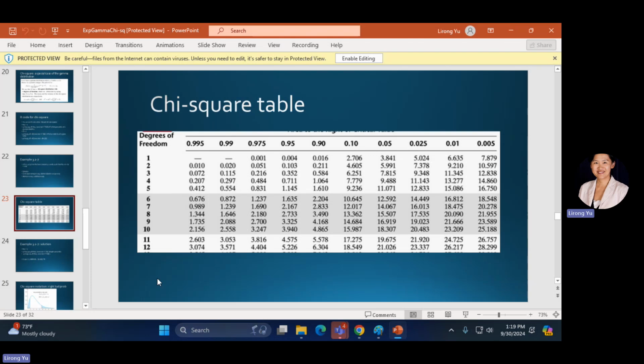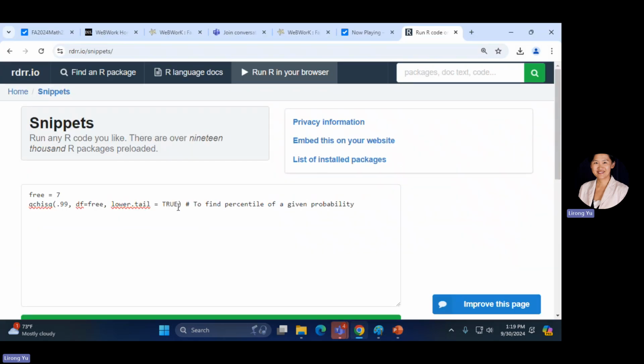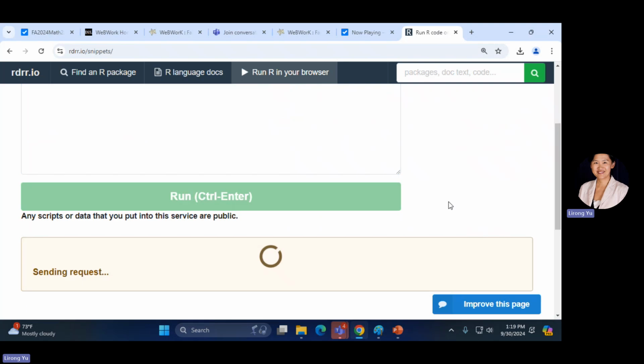In most chi-square tables, the percentage given is the right tail percentage, which weights the tail on the right side. But R, unless you change it, always presents the cumulative percentage on the left. For example, we can change the lower tail to be false, and that would give you a completely different number.